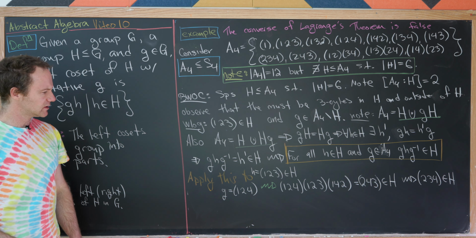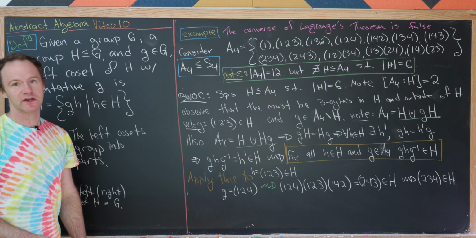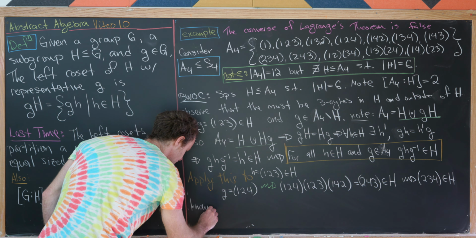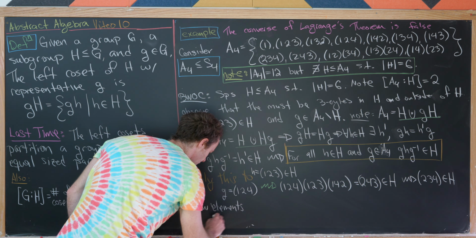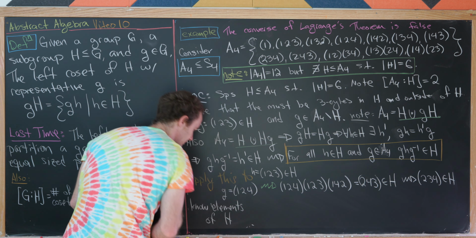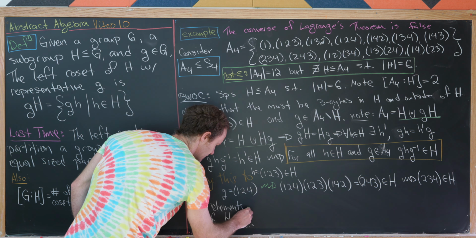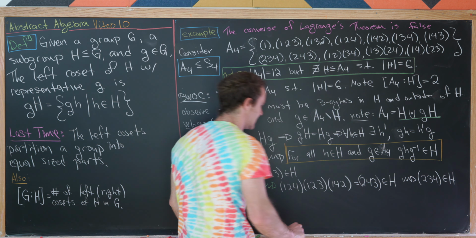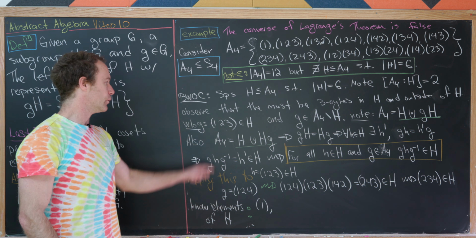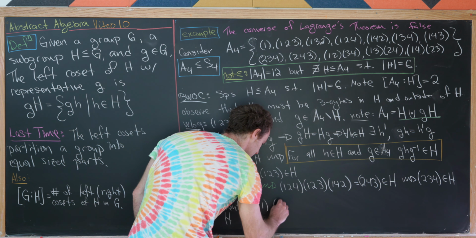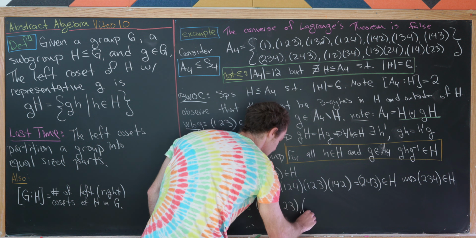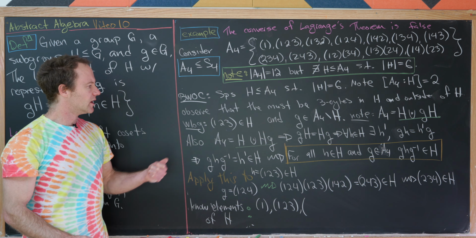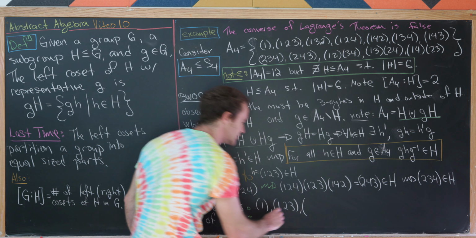So now let's look at the elements that we know are in H so far. Let's write it like this: known elements of our subgroup H. So let's see, what do we know is in there? We know the identity's in there because it's a subgroup. We know that (1 2 3) is in there. But then let's recall that it's closed under inverses, so that means (1 3 2) is also in there.